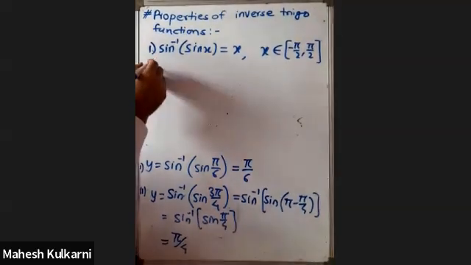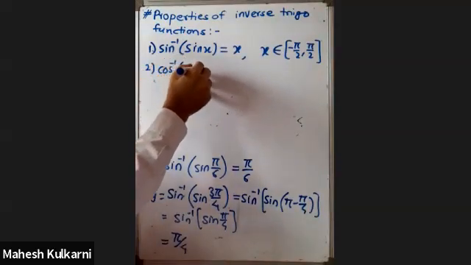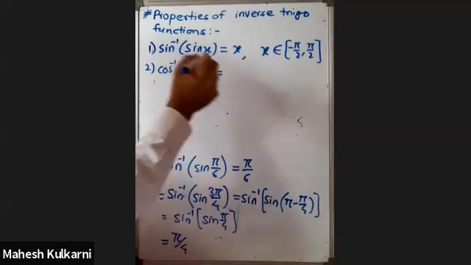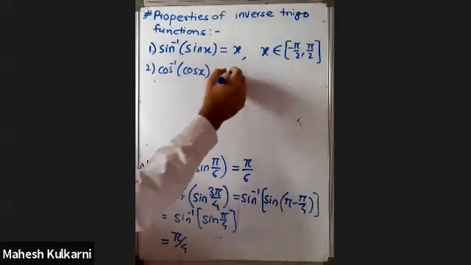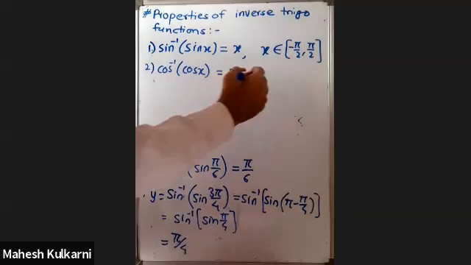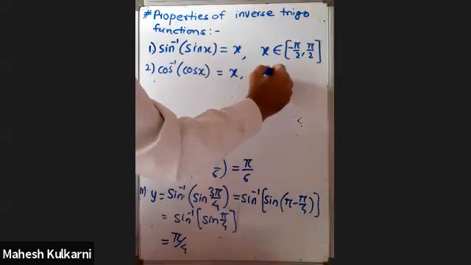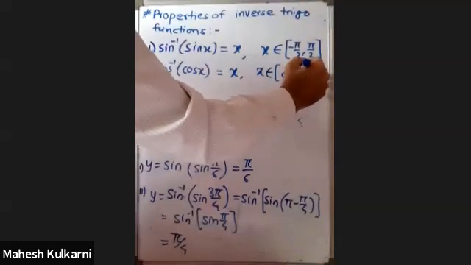Similarly, we can write cos inverse of cos x. Cos inverse of cos x is also x, provided that x belongs to the interval 0 to pi.